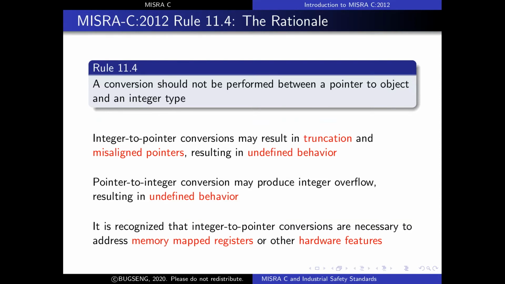You can end up with misaligned pointers, so a pointer to some quantities that should, on some architecture, be aligned on a multiple, I don't know, of 4. And if it is misaligned, then bad things can happen.